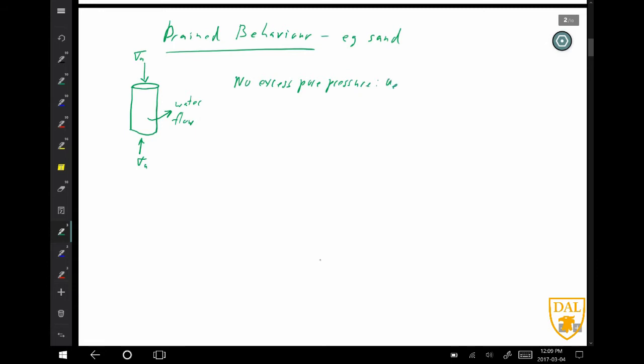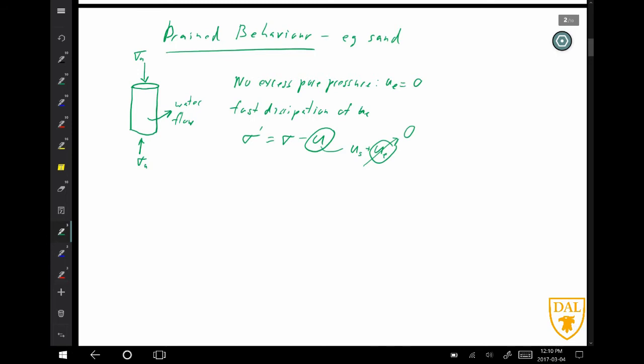Or UE equals 0. Fast dissipation of UE. Okay, so essentially, when we look at effective stress in that case, the excess component is basically going to be 0.